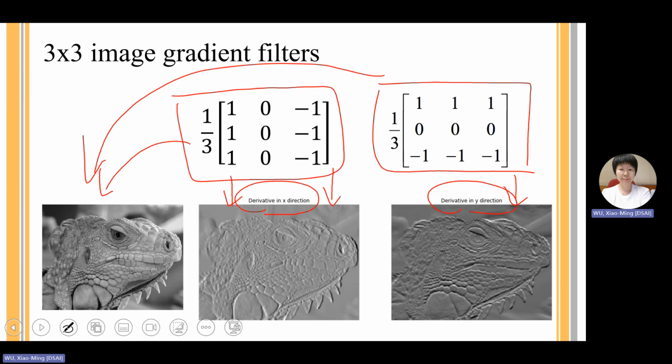Well, on the result of X derivative, you can observe edges like this. You can observe some clear vertical edges, right? But on the result of Y derivative, you may observe these horizontal edges.